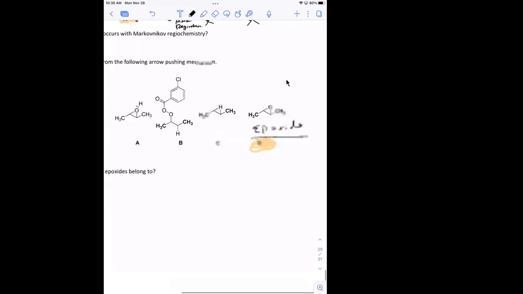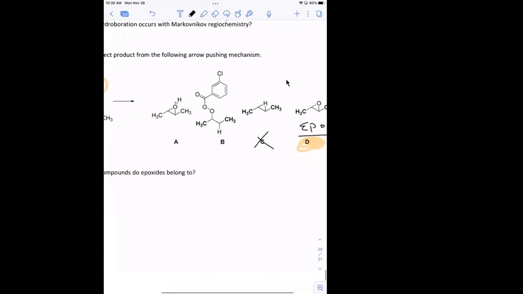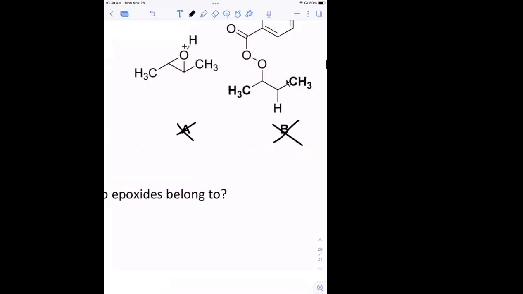C is impossible because hydrogen can't make more than one bond. And then B is not a product, that would be considered an intermediate if it occurred. And then A would also be considered an intermediate.